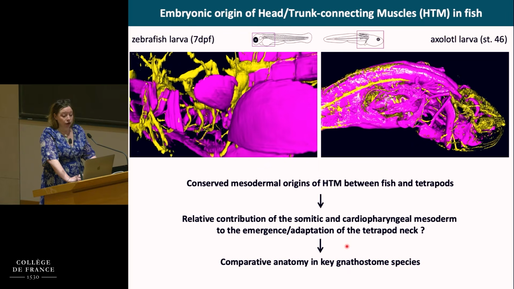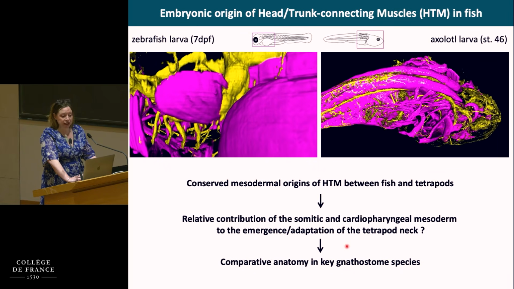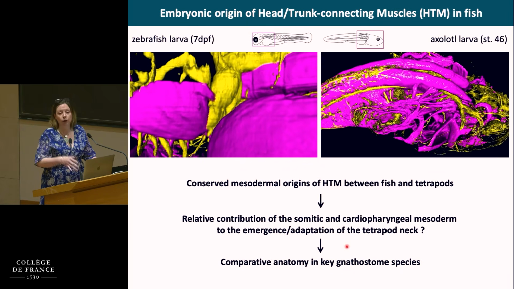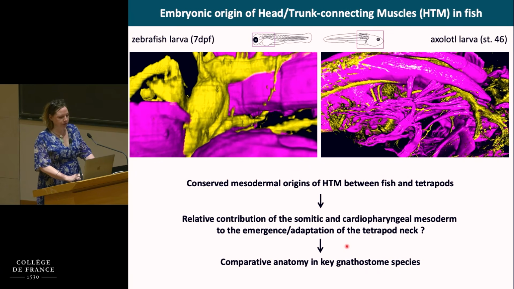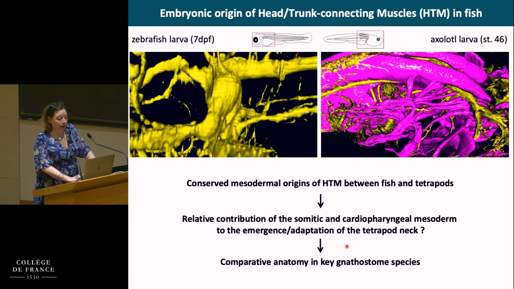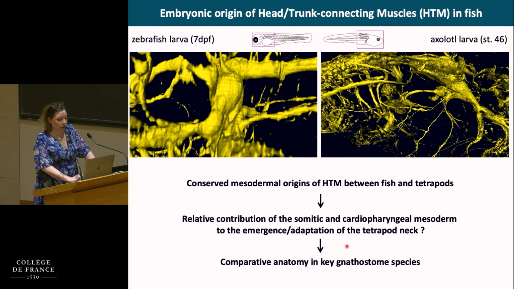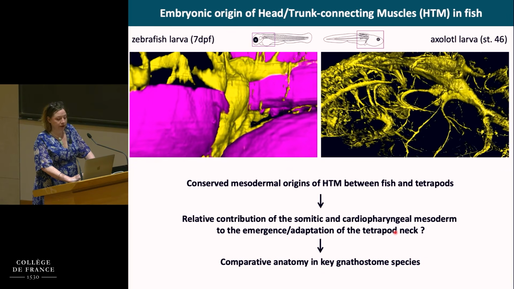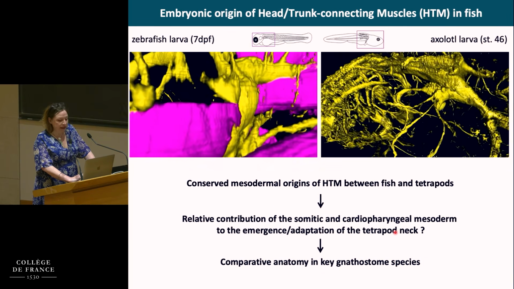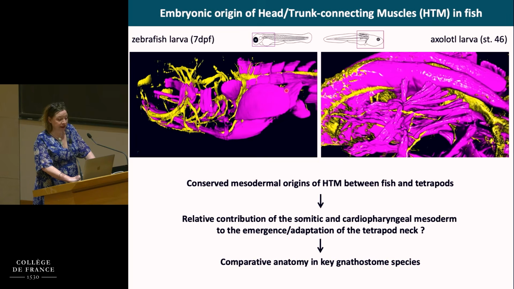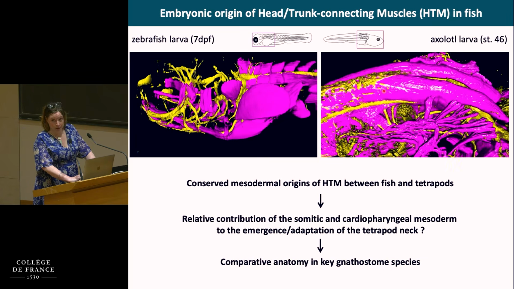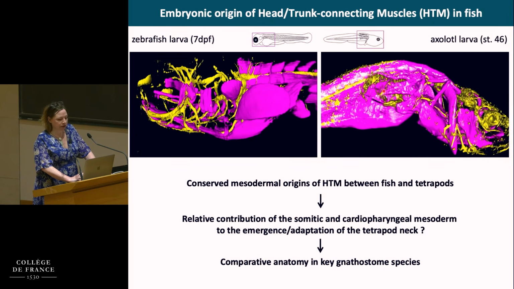So to assure the homology of the cucullaris and other muscles connecting the head to the trunk between zebrafish and tetrapods, here we analyzed in 3D the innervation of muscles in the zebrafish larva, but also in axolotl salamander as a tetrapod reference.